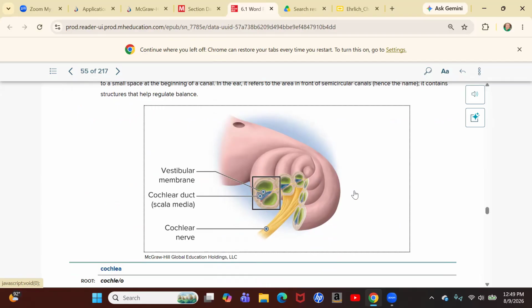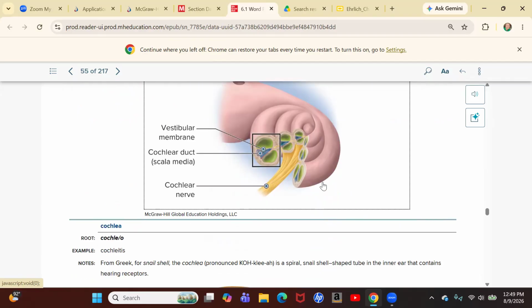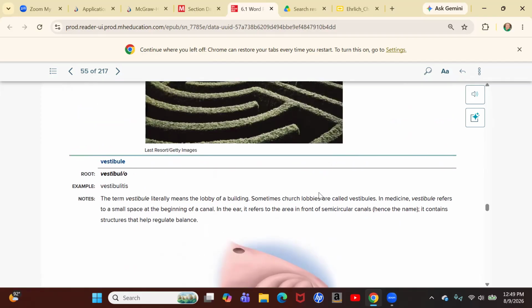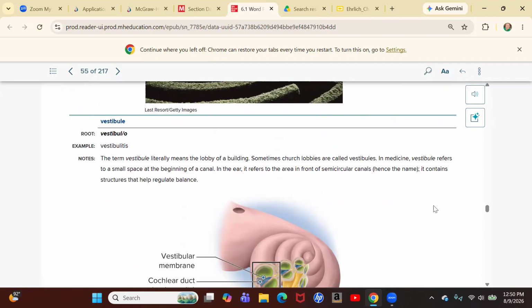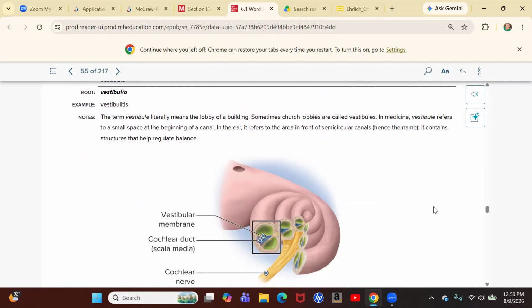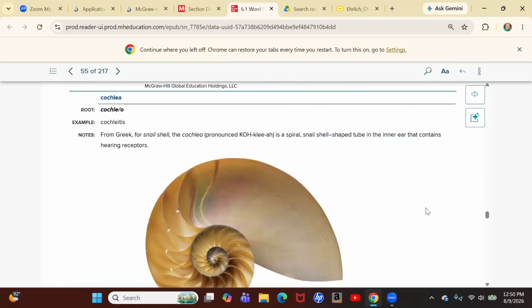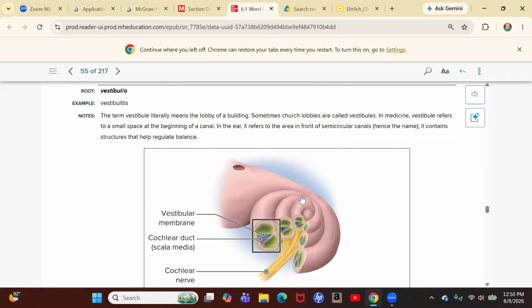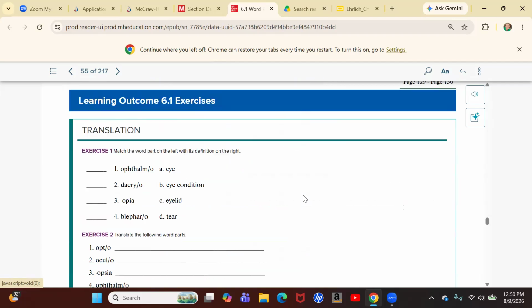And not to get too technical into the anatomy, but the stones and the tiny hairs within that vestibule and within the cochlea help, like I've said, to regulate your balance. Okay. And the cochlea, known for snail, the Greek word for snail, because the cochlea kind of does look snail shaped.